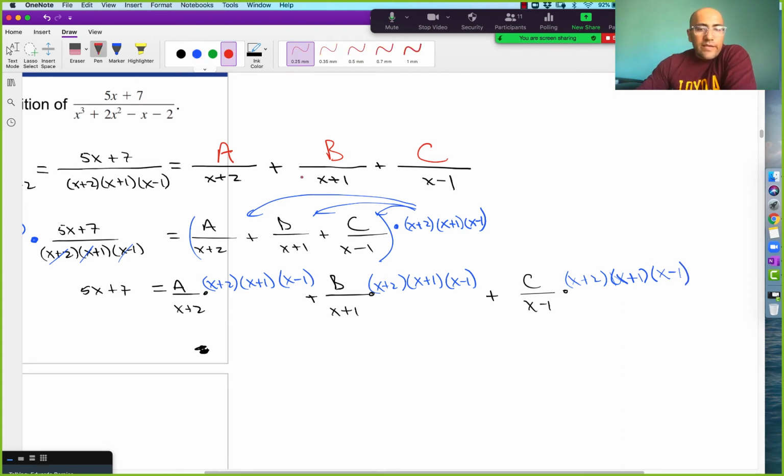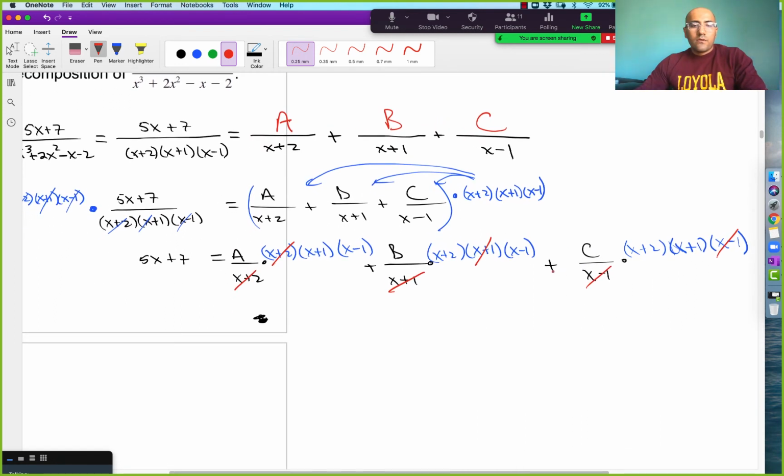Now a bunch of stuff will cancel. The x + 2 cancels there, the x + 1 cancels there, and the x - 1 cancels there.